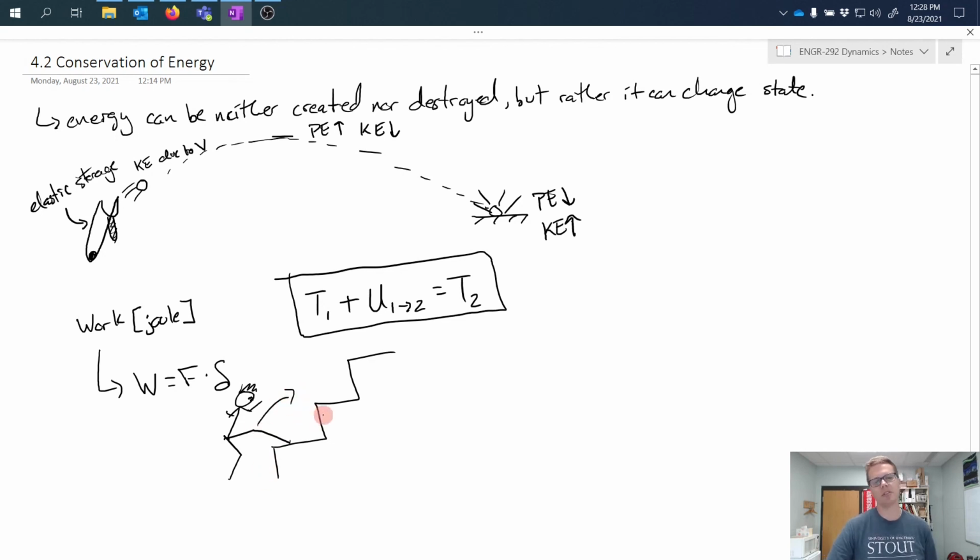As they travel up the stairs, their potential energy is changing, right? There's a displacement of their body upwards in the vertical direction. And we could calculate the energy expended to do that if we knew how much force they're applying and how much displacement they are undergoing. So these two things would allow us to calculate the work being input to the system in that case.